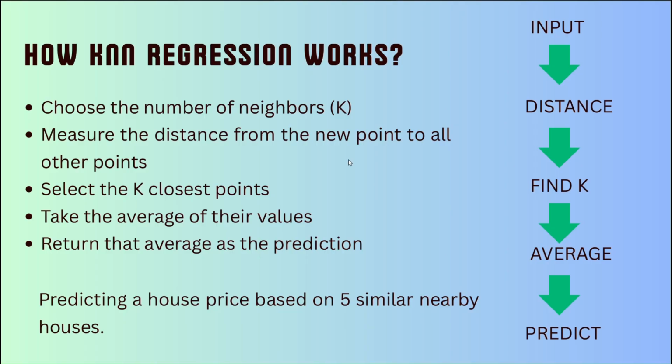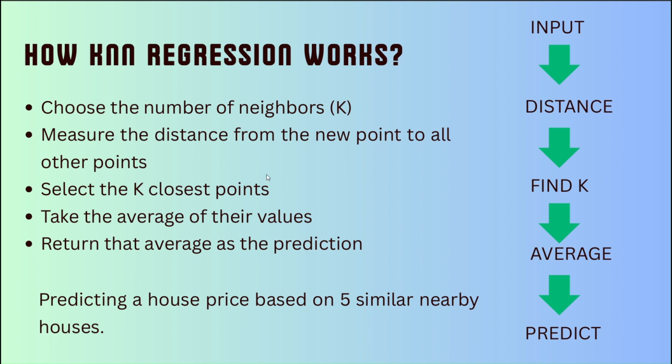Now let's see how exactly KNN regression works with the data points. Here is how the process works, step by step. First, we choose the number of neighbors, K. Then you measure the distance from the new point to all other points.